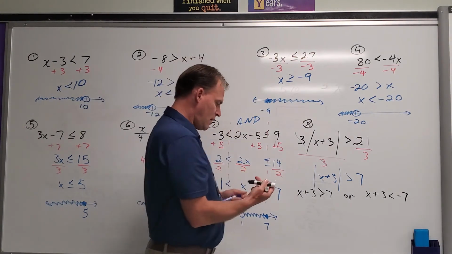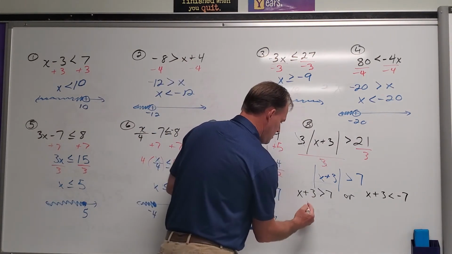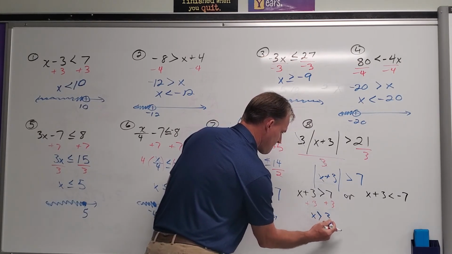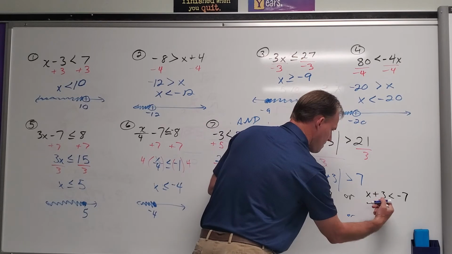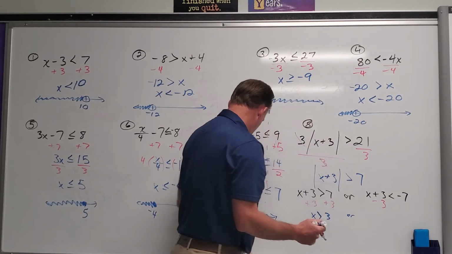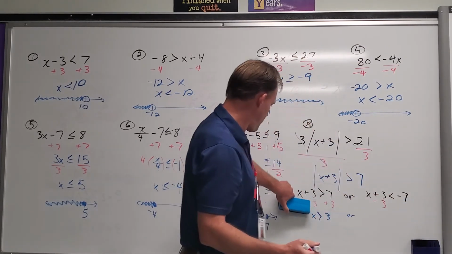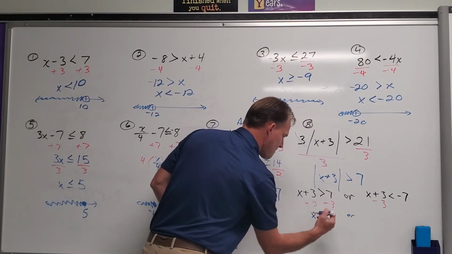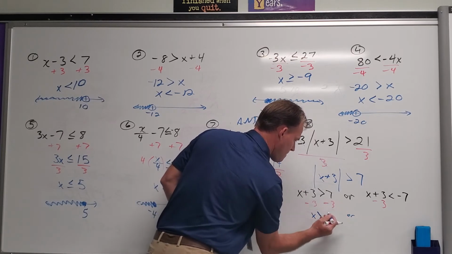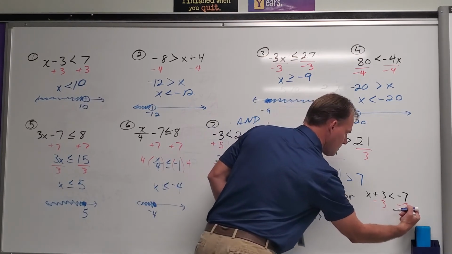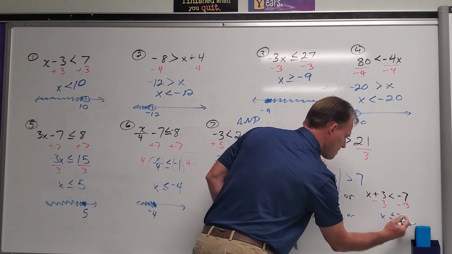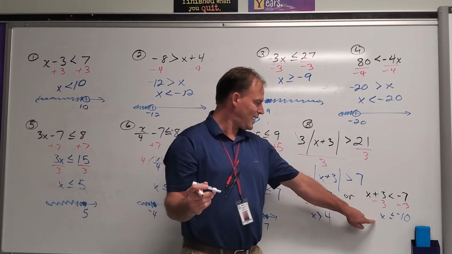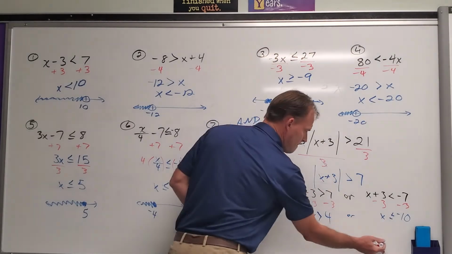So finish the equation. Plus 3. Sorry, typo. My bad. Minus 3 gives me, so if x is greater than 4 or x is less than or equal to -10.